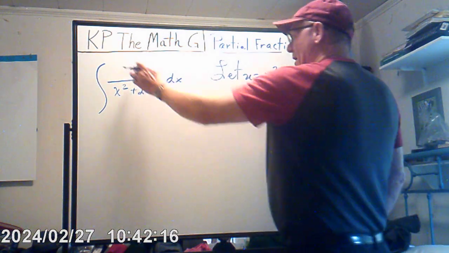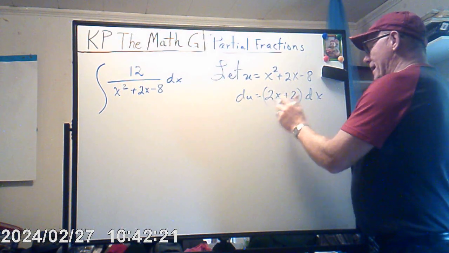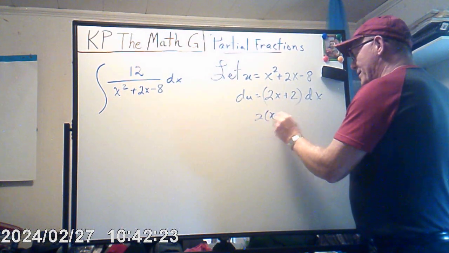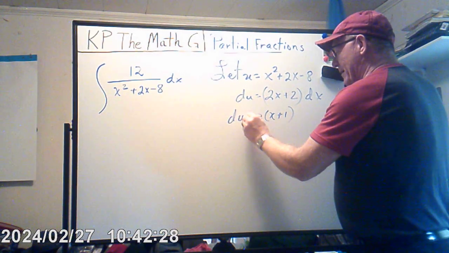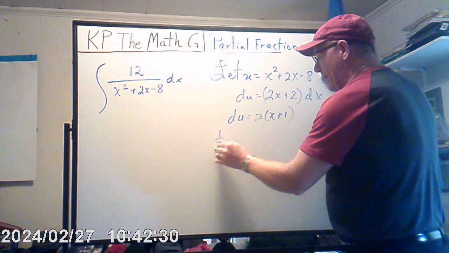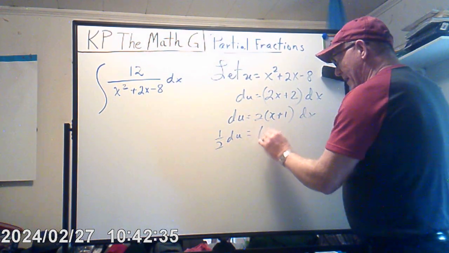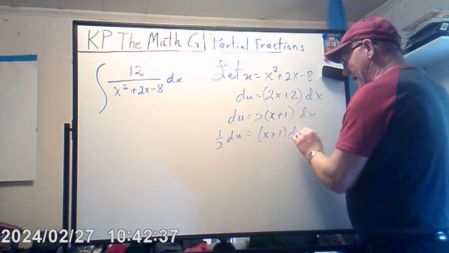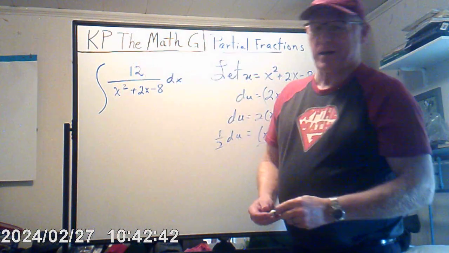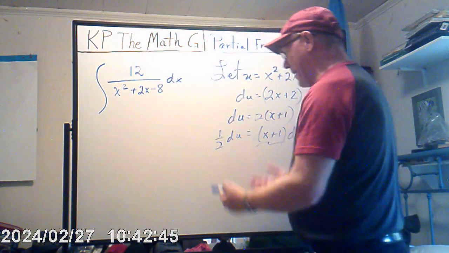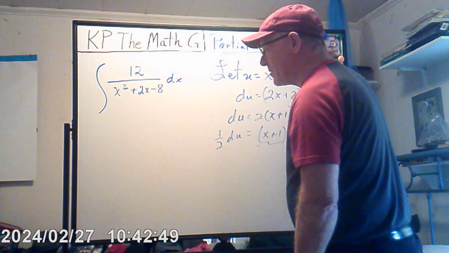Had this been a 2x plus 2 up here, or even x plus 1, if we factored out a 2 and got x plus 1 up here, well, yeah, we could do that and say 1/2 du is equal to x plus 1 dx. That would be alright if I had an x plus 1 up there, but we don't have that, and we can't do u substitution here.